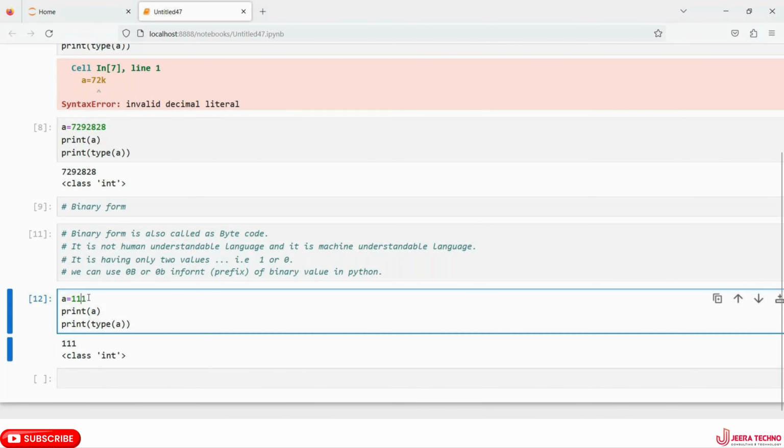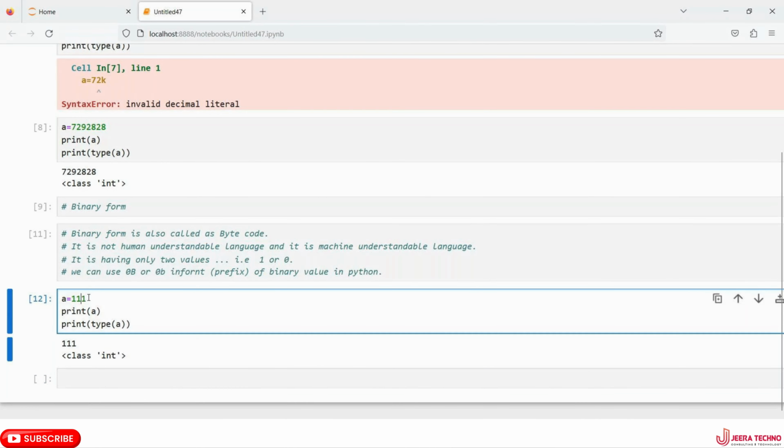So when you execute, it has integer form. It doesn't have any 0b or 0 capital B. Got my point?